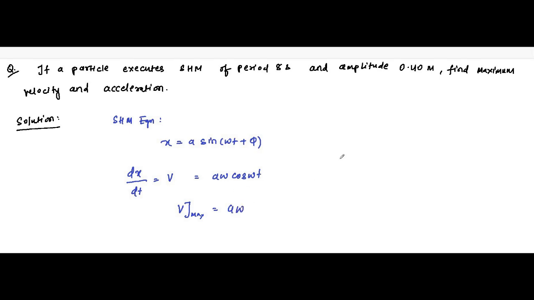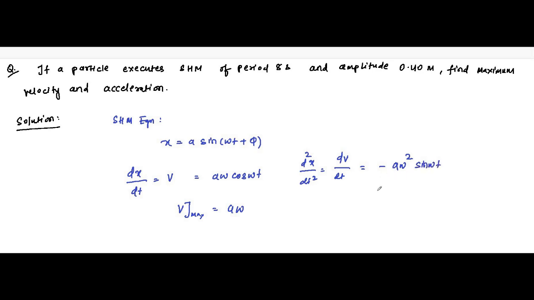Again, if we differentiate this velocity again with respect to time, or we perform the second order derivative of this displacement equation, it will be equal to minus a omega square sin omega t.